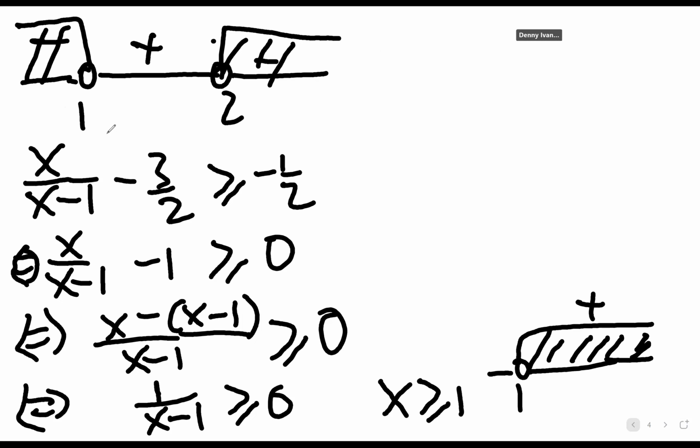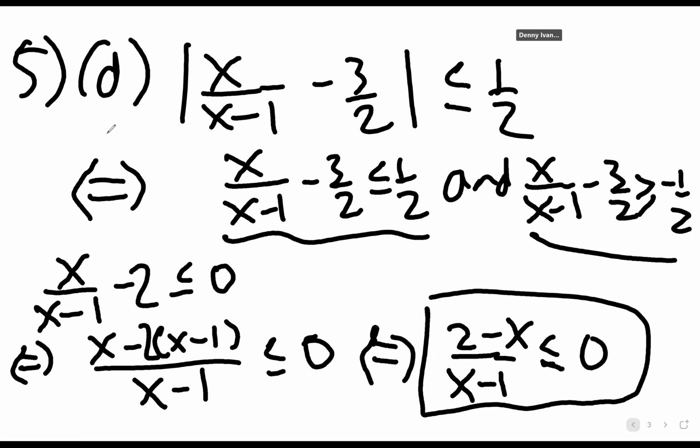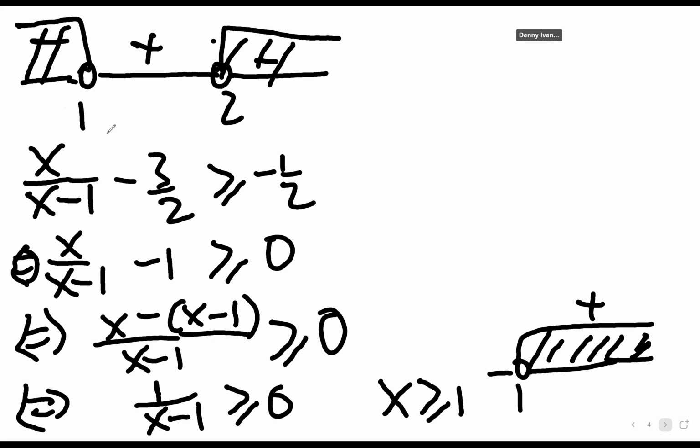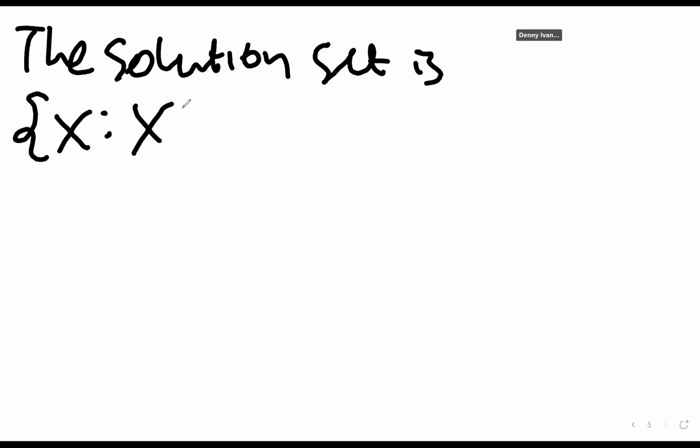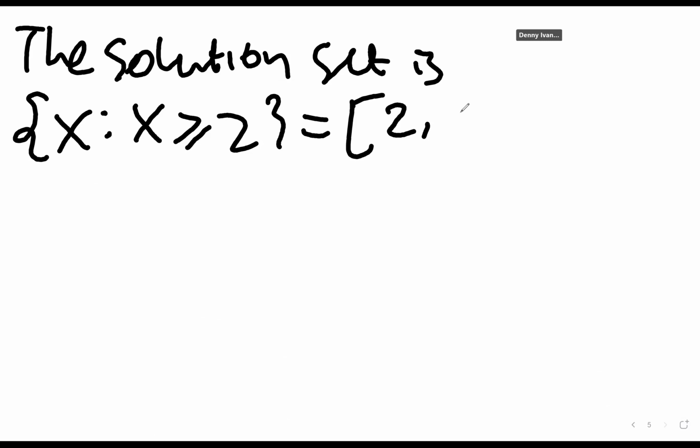Okay, so let us take a look at this. X is greater than or equal to 2, or I can write it as the interval 2 comma infinity. Okay. All right. Okay. So the next one.